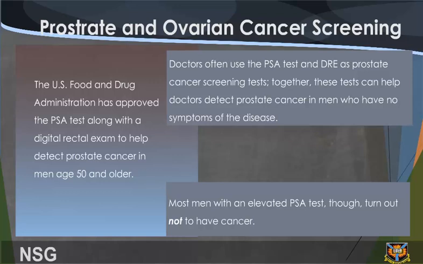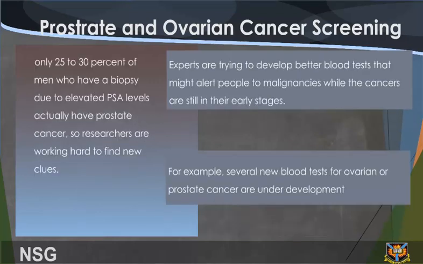Together, these tests can help doctors detect prostate cancer in men who have no symptoms of the disease. Most men with an elevated PSA test, though, turn out not to have cancer. Only 25 to 30% of men who have a biopsy due to elevated PSA levels actually have prostate cancer.